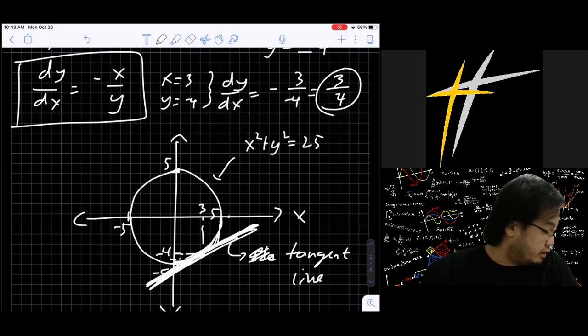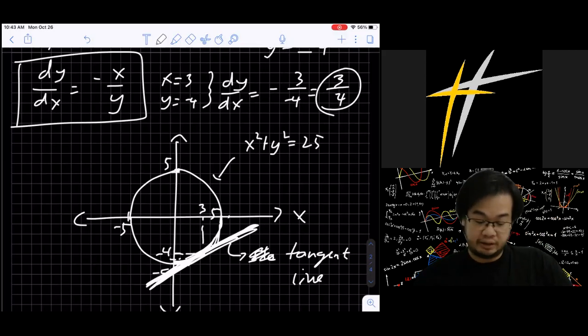It's definitely the slope of the tangent line: the rise is 3 and the run is 4. I know it's not accurate because I'm using a sketch, but if you do it correctly, you must get the right answer. Okay, so that's all for today.